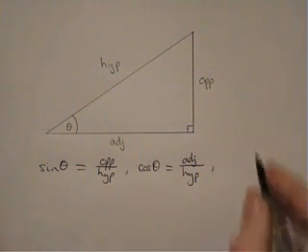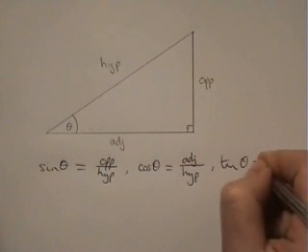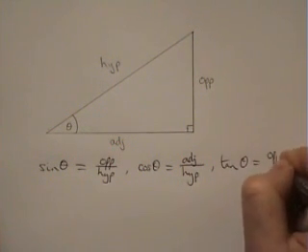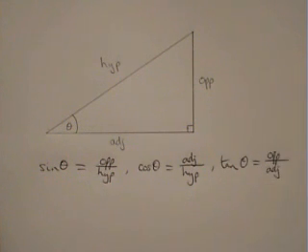And the third relationship is that the tangent of theta is equal to opposite divided by adjacent.